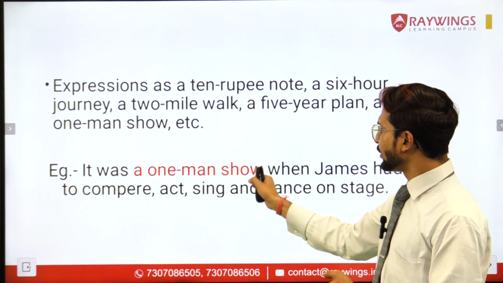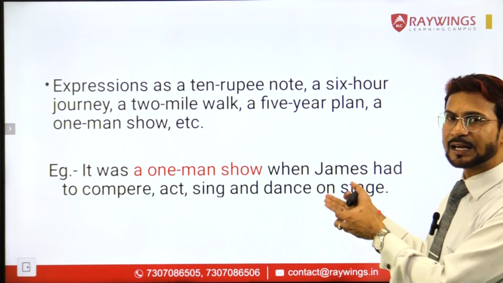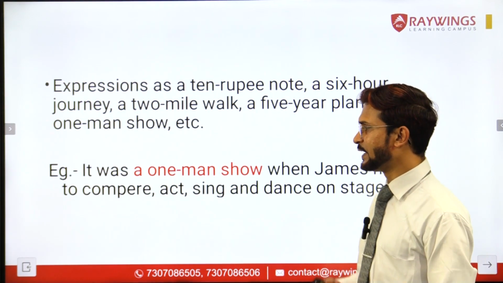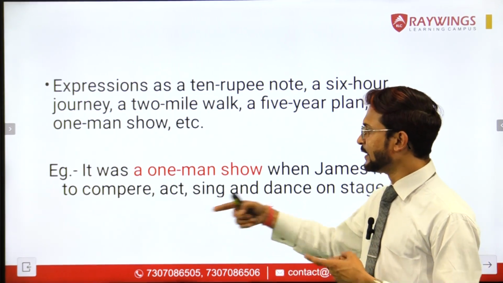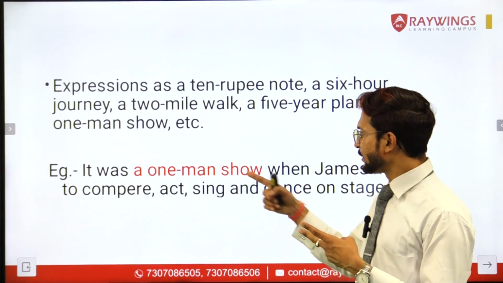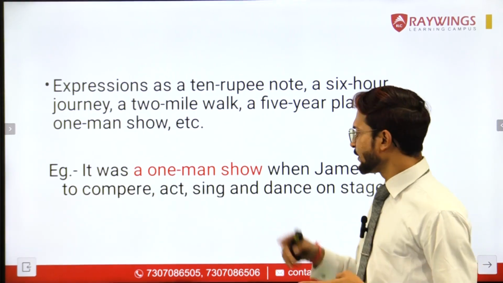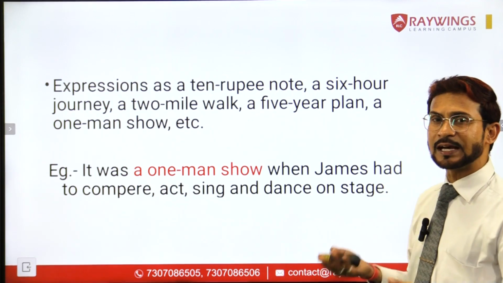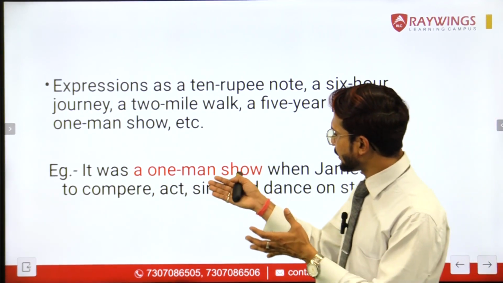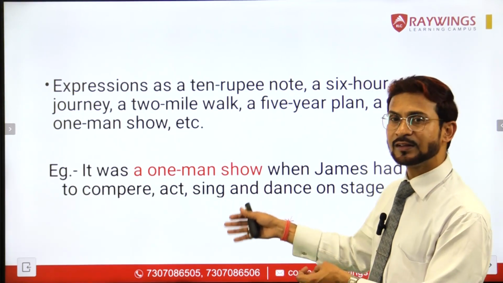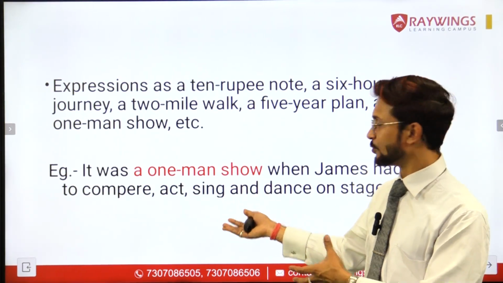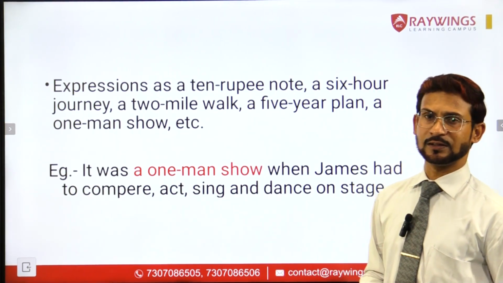It was a one man show when James, that means James को ये तीनों चीजें करनी पड़ी. Compere करना पड़ा. Compere means anchoring करनी पड़ी. Act किया उसी ने. Then he did singing and he also danced. उसने dancing भी किया. So when one person, that is James, did all these 4 things, it was a one man show. So this is a singular entity here.